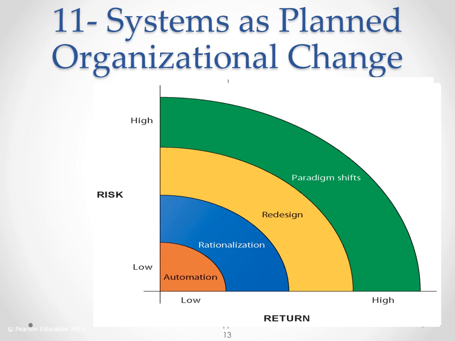The second type of change is rationalization of procedures. It's a deeper form of organizational change. It follows automation, because automation reveals new bottlenecks in production, so rationalization of procedures is a step that should be taken.